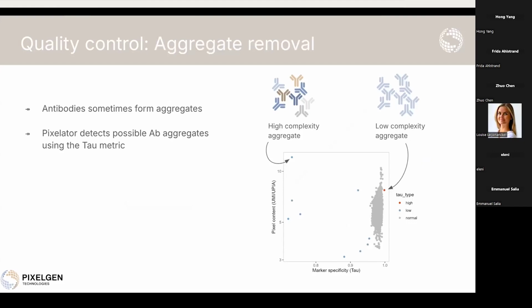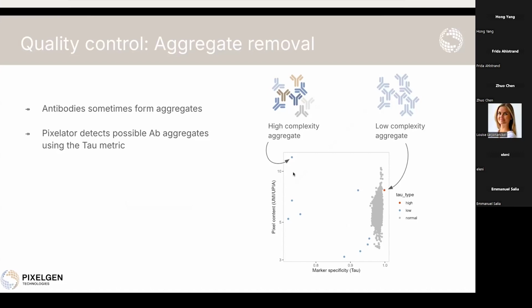Second, after getting rid of the small non-cell components, we deal with aggregates. Those do not form often, but are sometimes present, so we need to take care and filter those out as well. Pixelator ranks each component based on a tau metric that we've implemented. That is showing you the complexity of molecules or antibodies in each cell.